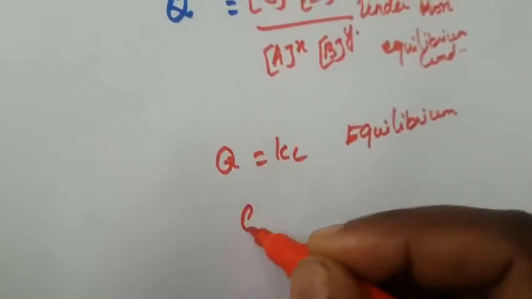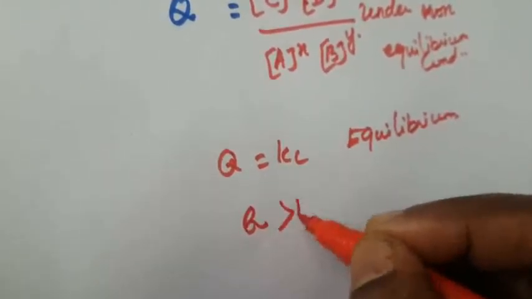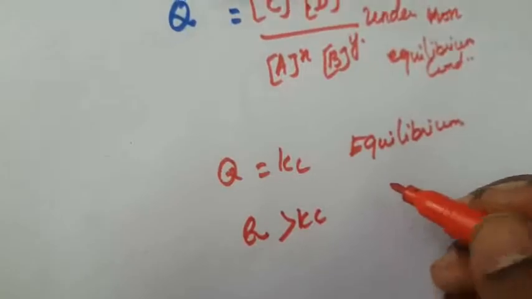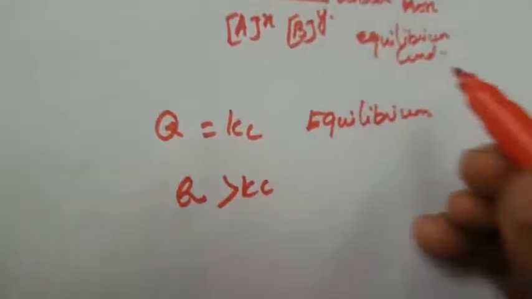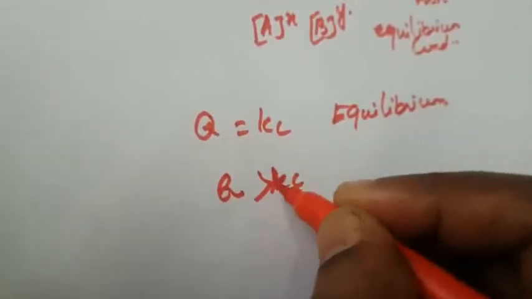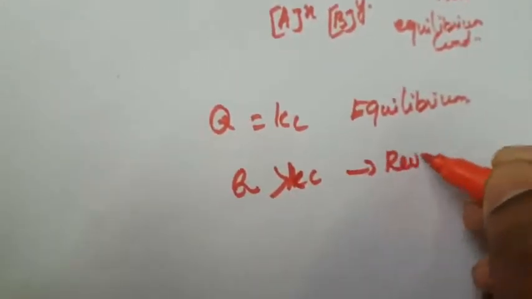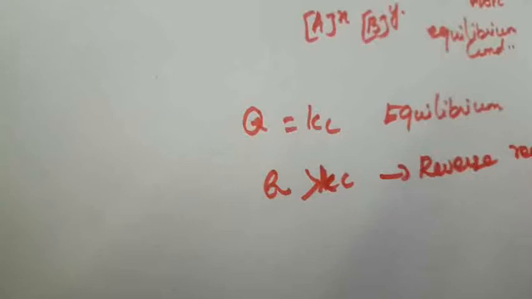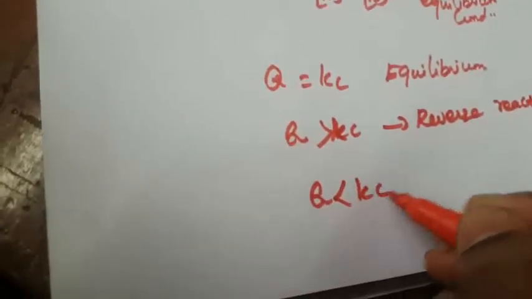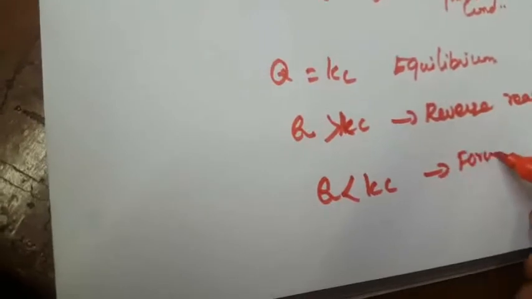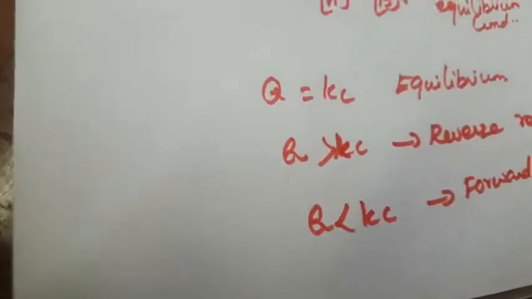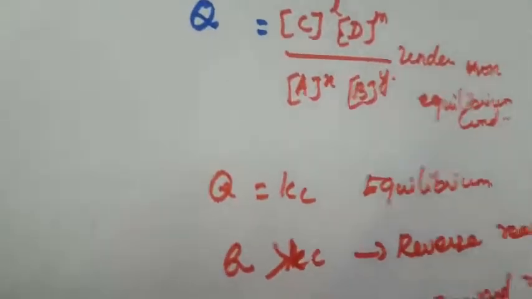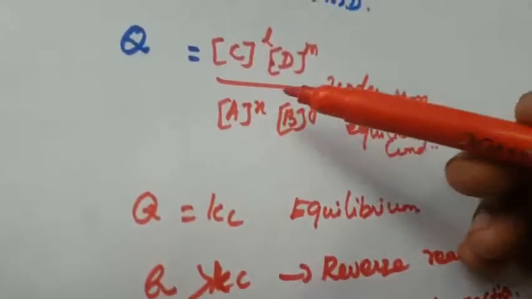Q greater than Kc means the reaction will proceed in the reverse direction. Q less than Kc means it is a forward reaction. This is the condition. Sometimes they ask how to predict using the reaction quotient.